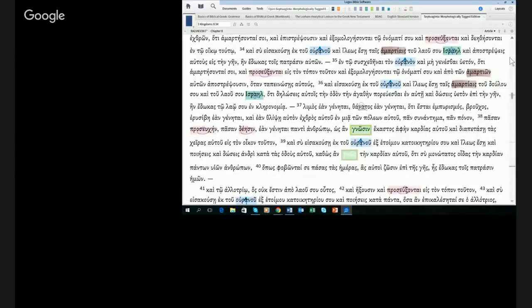All my highlighting is kicked in, sorry. Where were we? 34. Kai apostrepseis, and you will return, autous, them, into the land, eis ten gen, which, hen, edokas, you gave, tois patrasin auton, to their fathers, patriarchs.